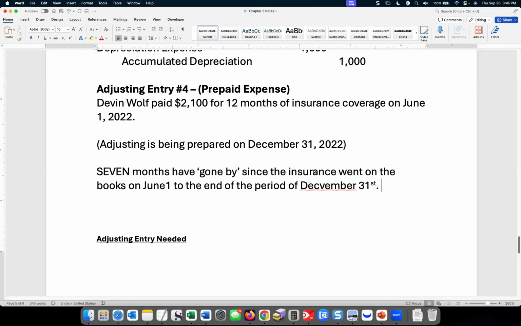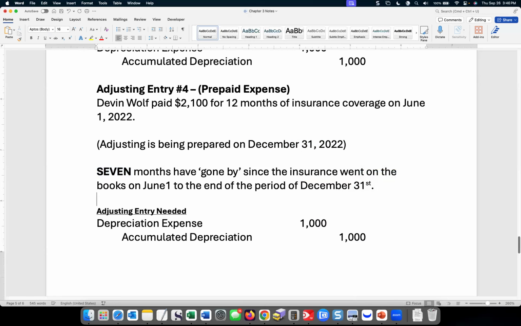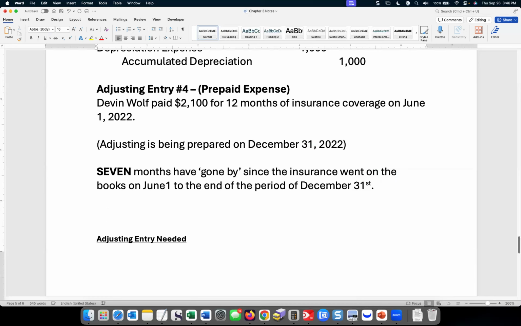Let me fix my spelling of December there. There we go. This is important because we prepaid for that insurance, and at year end, 7 of those 12 months have gone by. That gives us a clue what we have for insurance.